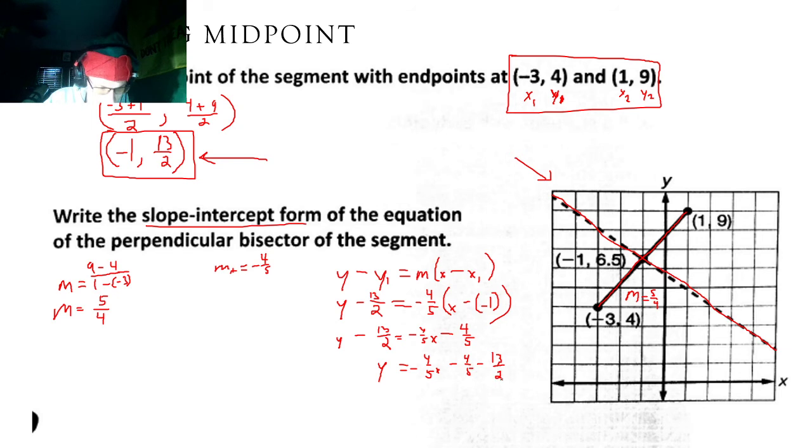And if I were to do all the math related to that, I would come up with the solution y equals negative 4 over 5x plus 57 over 10. Because I'd find a common denominator first, and then I would multiply the numerators by the value I multiplied the denominator by, and then I'd write it in slope-intercept form. So y equals negative 4 over 5x plus 57 over 10.